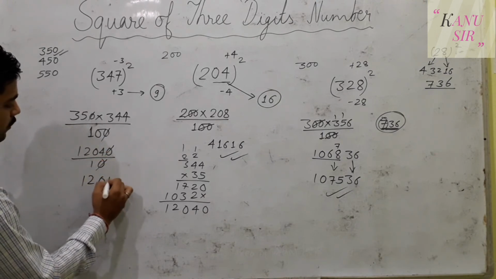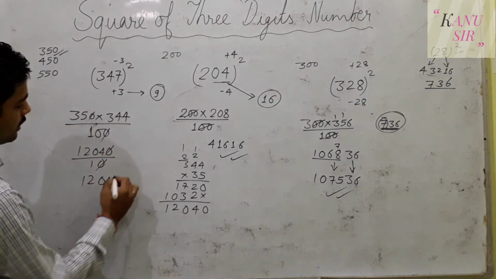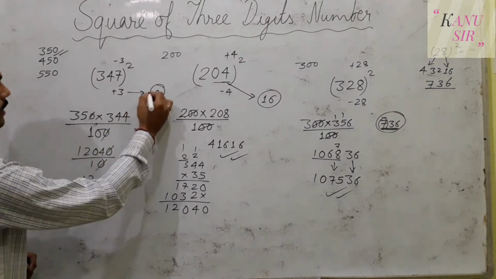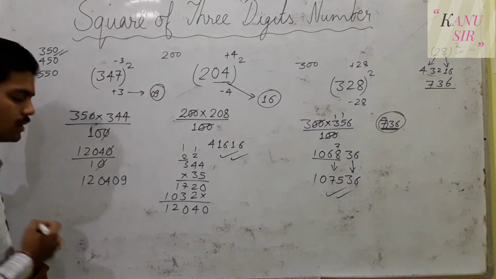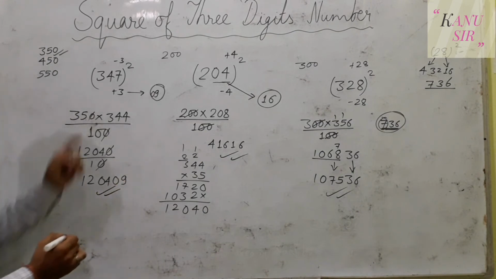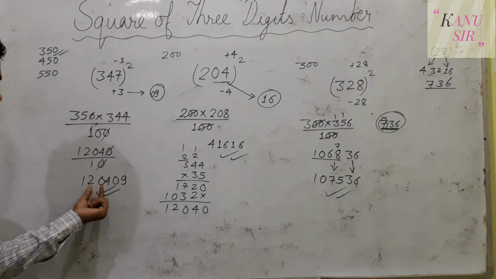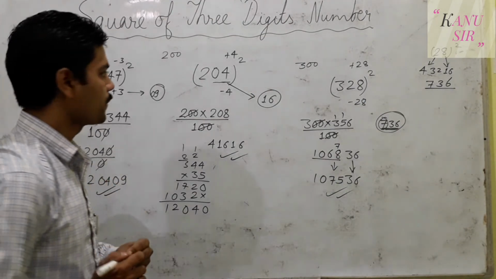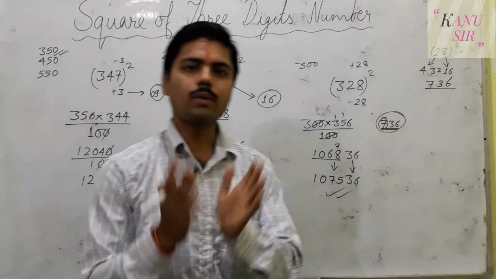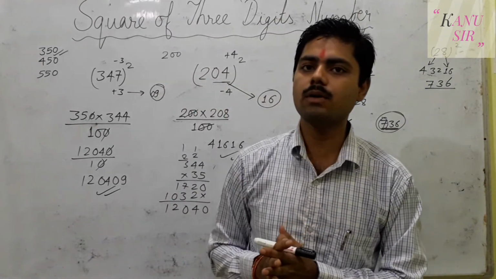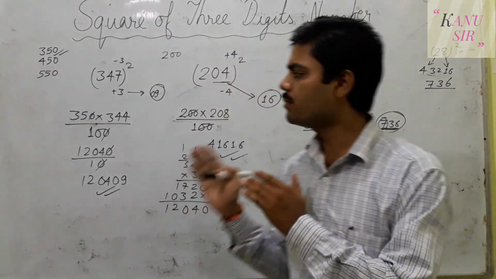So 1204 and 9 as 2 digits, 09, because we will take the square of 3 as 09. So the square of 347 can come 1,20,409. So this way we can get the square of a 3-digit number.